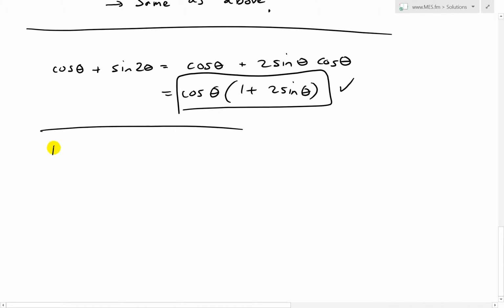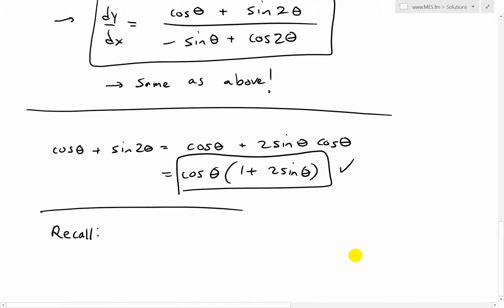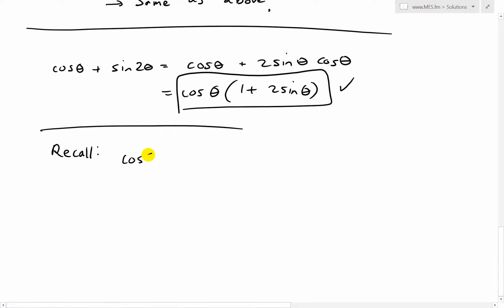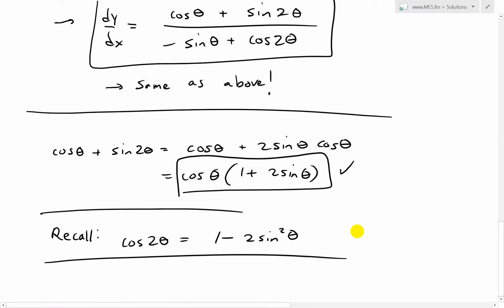But first, what I'm going to do is recall the trig identity for cosine 2 theta. In my earlier video, I put a link in the description below. So cosine 2 theta equals 1 minus, actually this is a 2, 1 minus 2 sine squared theta. If we just recall that trig identity, now we could plug that inside there.